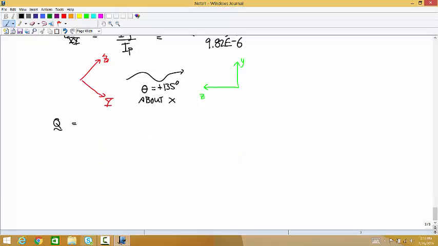So the Q matrix is 1, 0, 0, 0, 0 down the column, and then negative 0.7071, positive 0.7071, negative 0.7071, negative 0.7071.